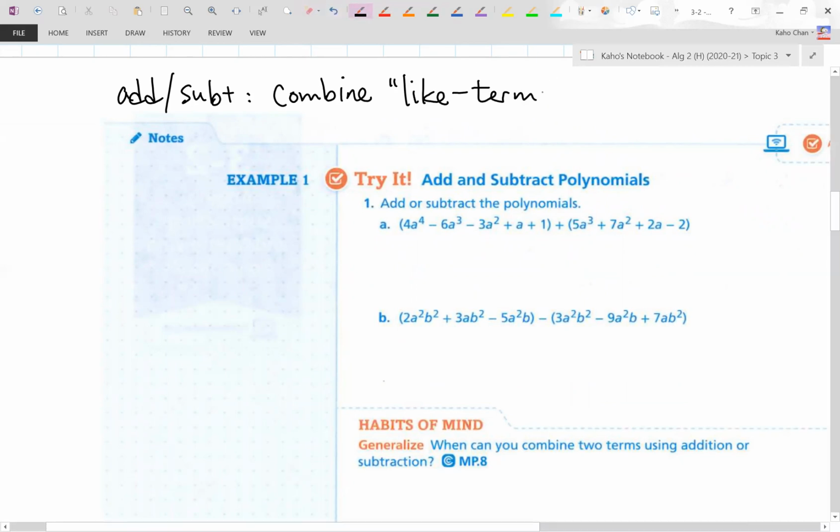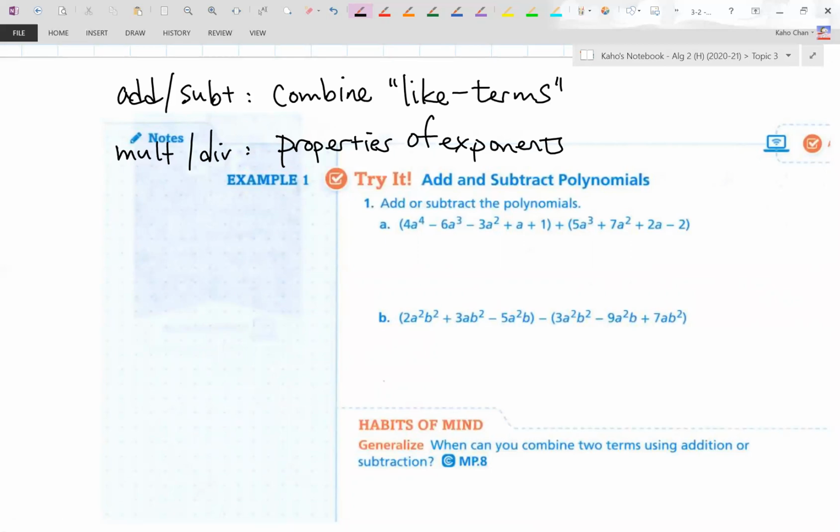Afterwards, you want to sort all your candy, put them in piles, all the M&Ms in one pile, all the Snickers in another pile. We do the same thing with variables and numbers as well. Multiplication and division of terms of polynomials, you want to follow those properties of exponents from your previous math class.